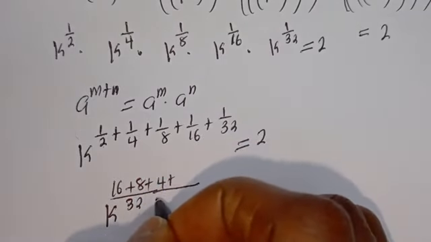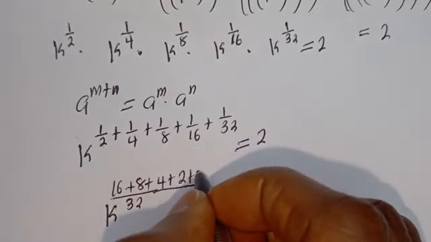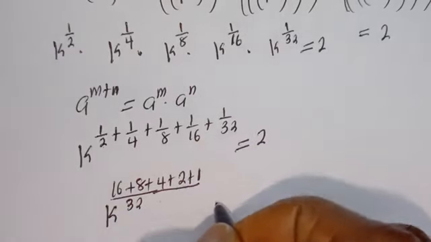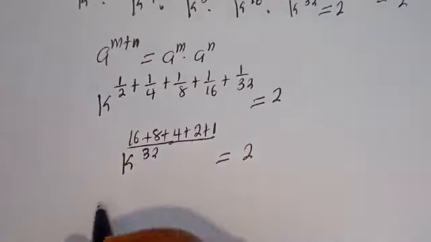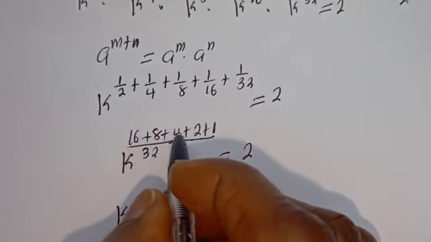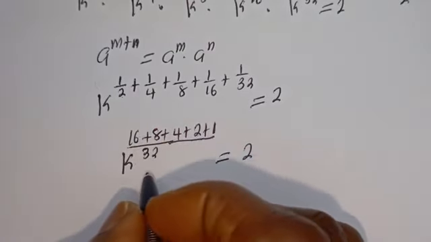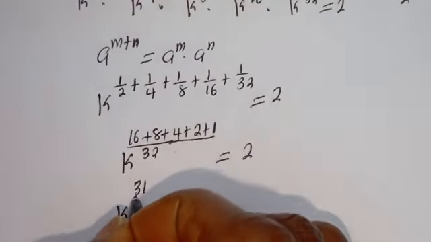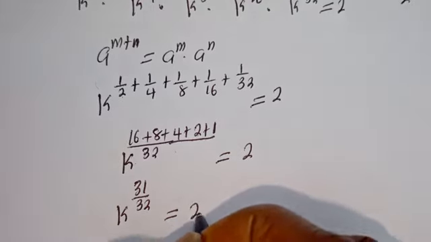Plus 16 in 32, that is 2. Times 1, that is 2. Plus 32 in 32, that is 1. Times 1, that is 1. Is equal to 2. Then here we have k to the power of 16 plus 8 is 24, plus 4 is 28, plus 2 is 30, plus 1 is 31. 31 over 32 is equal to 2.